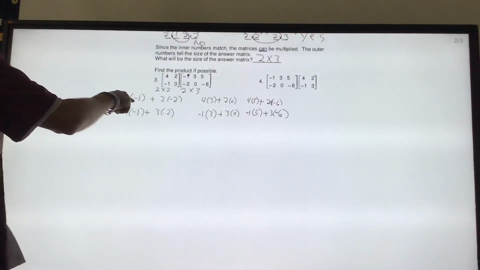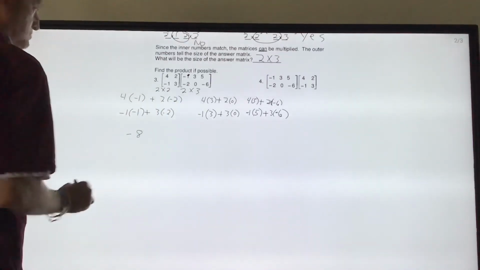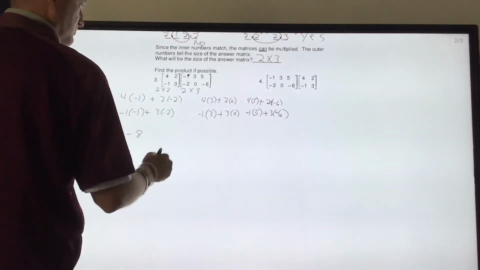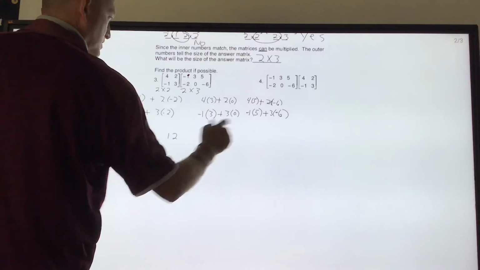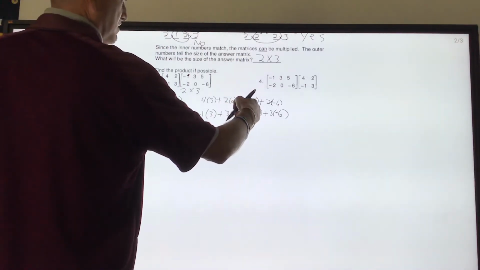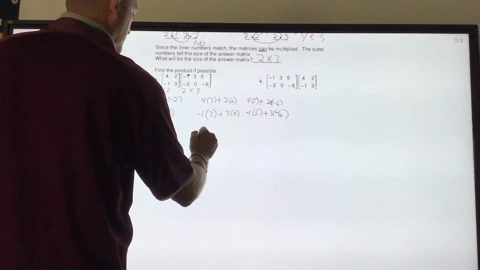So it's 4 times -1 plus 2 times -2. That gives me -8. The middle section, 4 times 3 is 12 plus 0, so it's 12. And finally, I got 4 times 5 and 2 times -6, which is -12. So that's 20 minus 12 is 8.